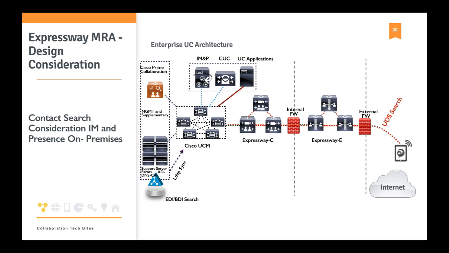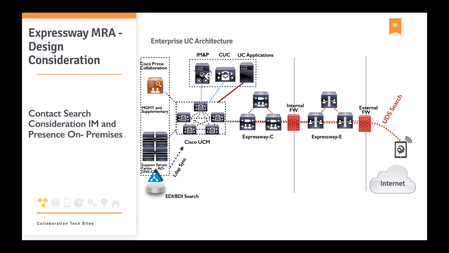So when in Expressway mode, Cisco Jabber will only have the option to search for contacts on the call manager database through HTTPS, and it will not be able to reach the Active Directory to do this contact search, at least for now, this release. But the only option we have today is only UDS, or search through call manager.